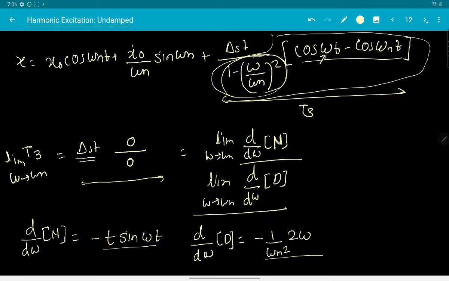In the limiting condition, this becomes omega nt, and similarly this will become minus 2 over omega n. So you have obtained t3.